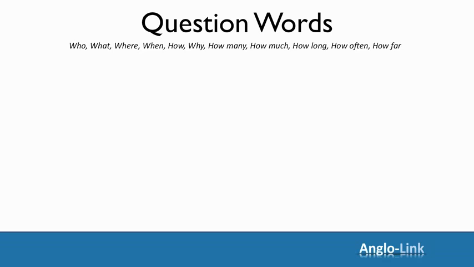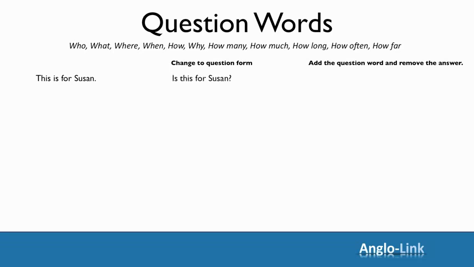To formulate questions with question words, simply change your statement into question, add the question word, and then remove the answer. For example, this is for Susan. Let's ask a question with who. Change to question form first. Is this for Susan? Add who and remove Susan. Who is this for?